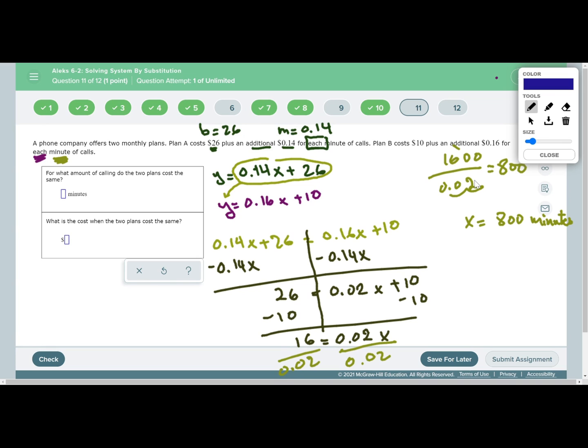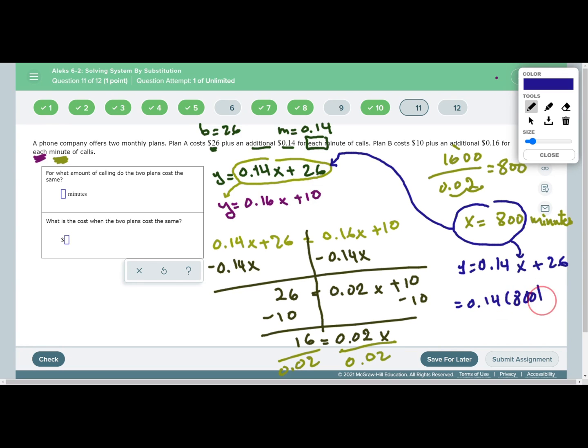What you're going to do is take this and plug it in place of x for the first equation or second. It doesn't matter which one you choose. That will be 0.14 times 800 plus 26.